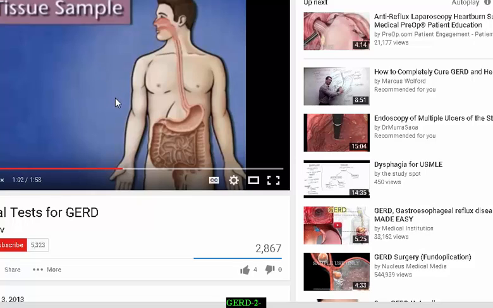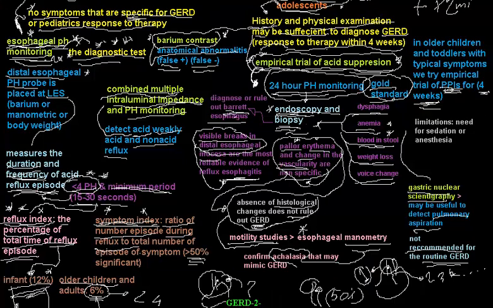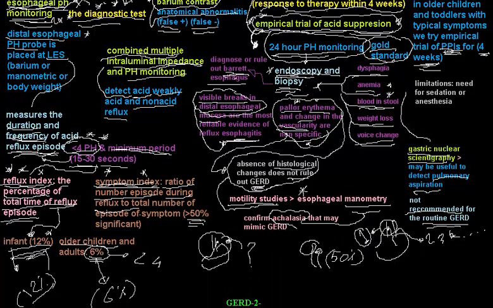Sometimes they can't see anything by endoscopy, but the biopsy shows that they have esophagitis, for example. So this is the importance of endoscopy and biopsy if we suspect esophagitis, Barrett's esophagus, or some kind of cancers.